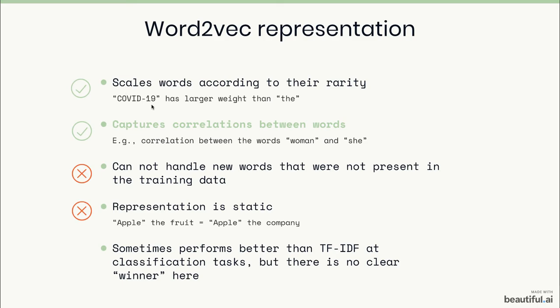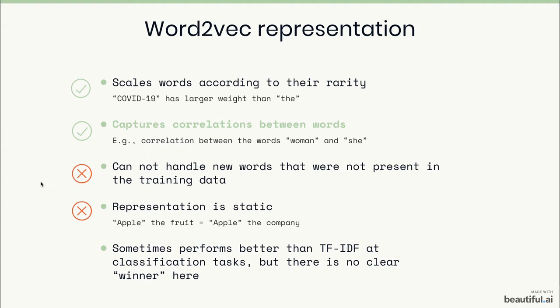But if it's a very rare word, then that tends to be only associated with fewer neighboring words, so their probabilities will be larger. So it does scale these words according to their rarity. This representation here captures correlations between words, so a correlation between the words woman and she, for instance.